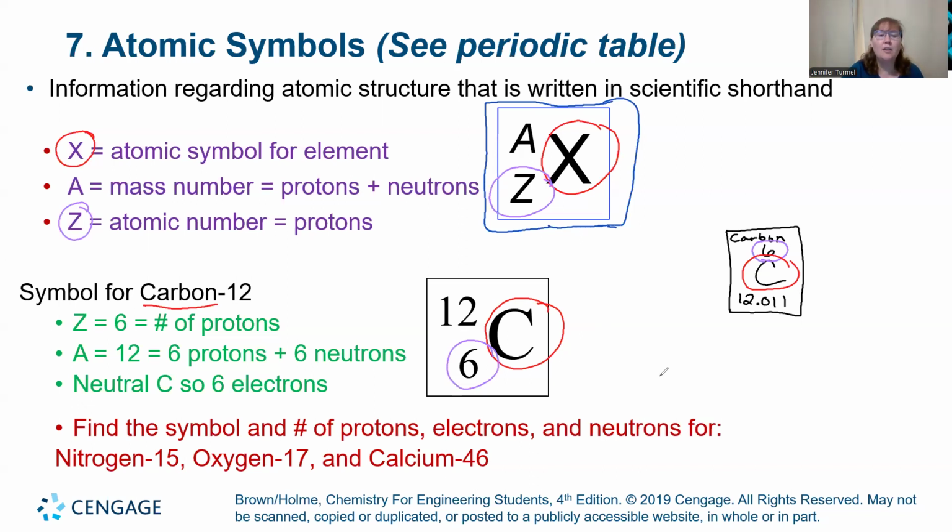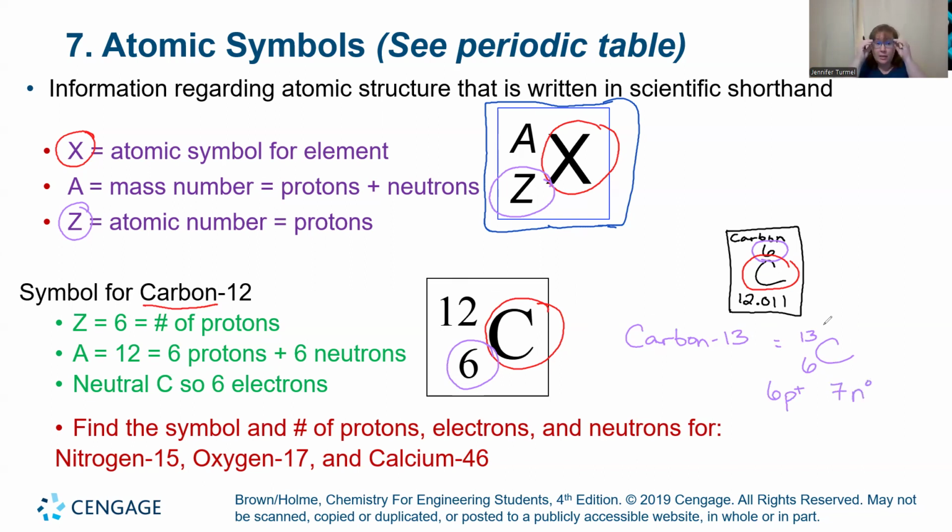Remember on the previous slide, we showed carbon 13 as well. So if we were doing carbon 13 or C13, this would still be a 6, and this one would have 6 protons and 7 neutrons.